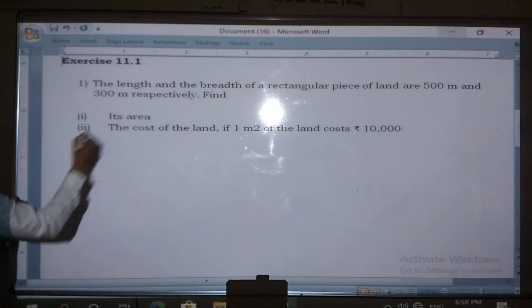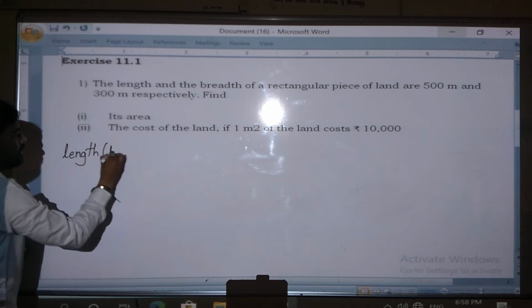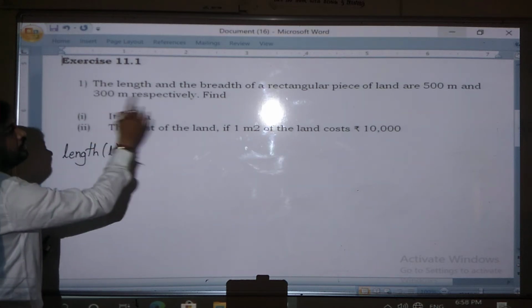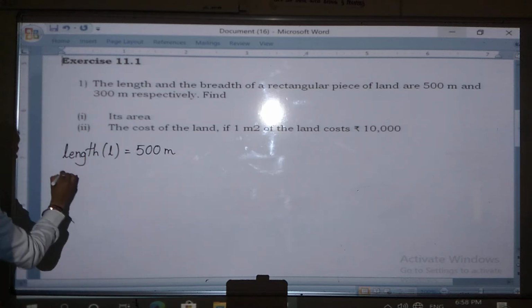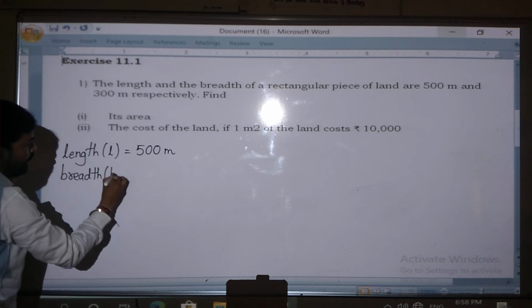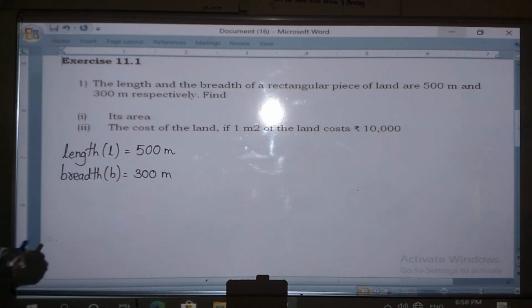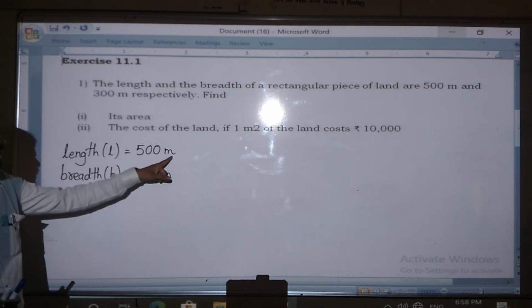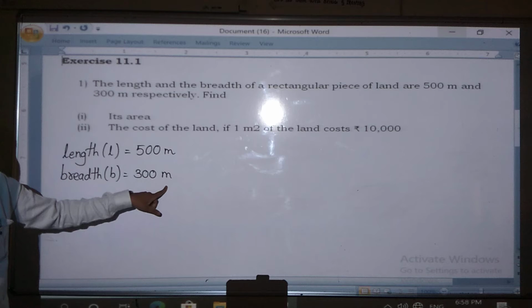So from the statement, what we can say is that length, that is L, is equal to 500 meter. Breadth, B, is equal to 300 meter. And here you can see that units are same. The first checking is about units.